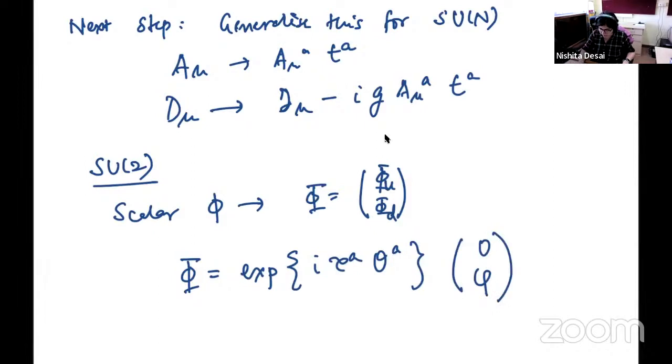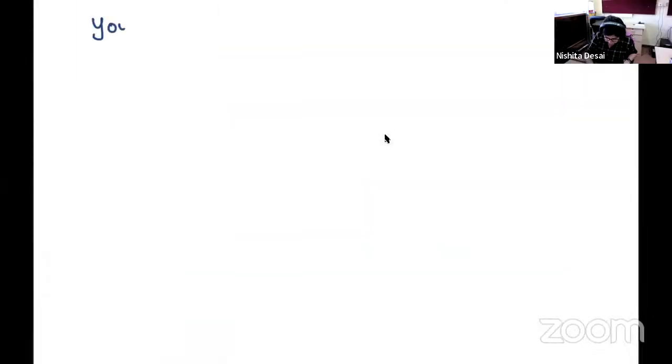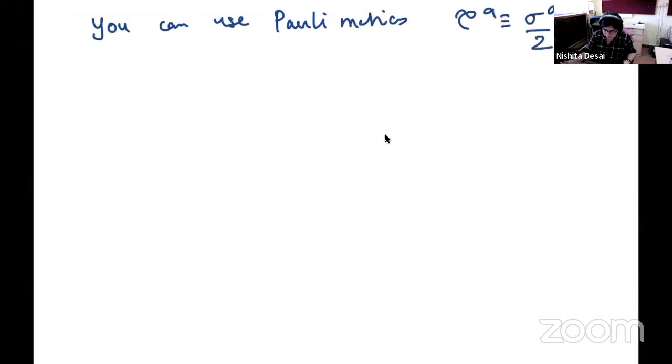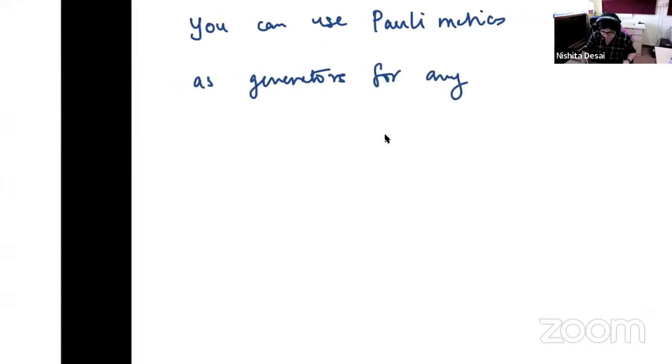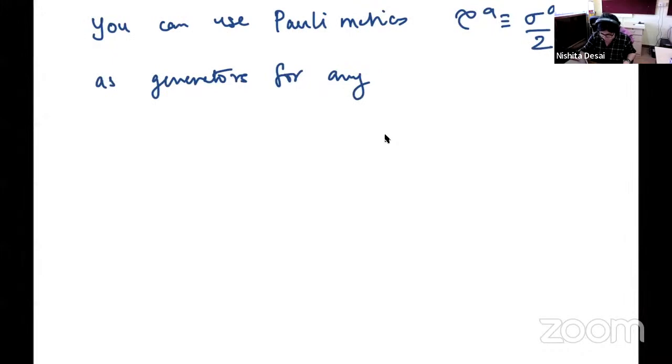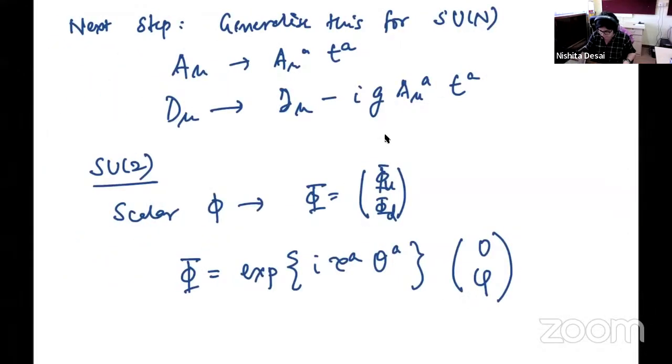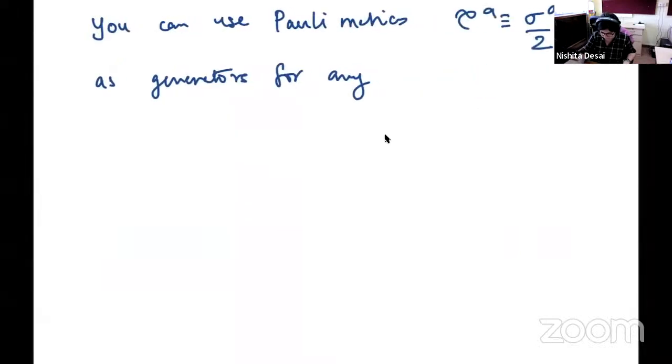Okay, so what this is essentially telling you is that you can use Pauli matrices. So these are your Pauli matrices as generators for any transformation in SU(2).